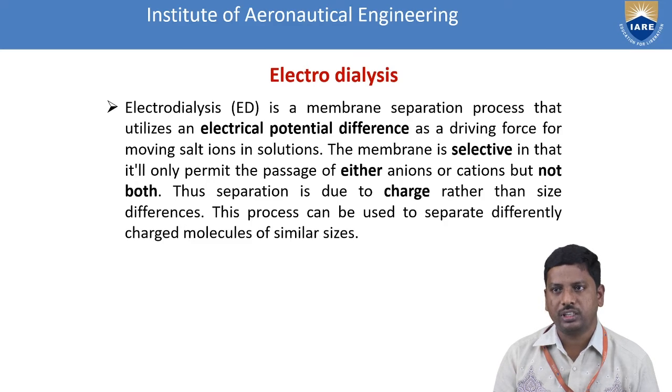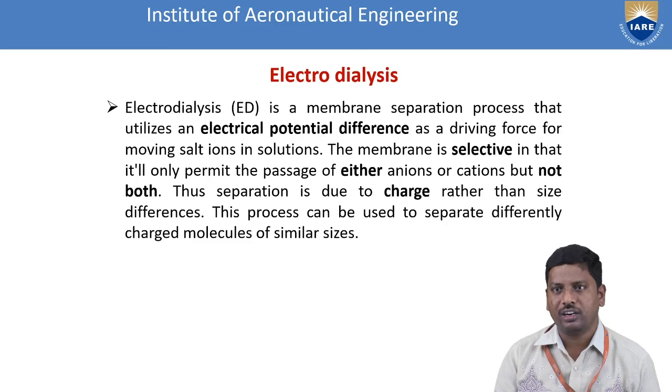The separation is due to the charge rather than the size differences. There are mainly two charges, positive charge and anion charge. The anion charge means negative charge. So the size will depend upon these positive and negative ions. This process can be used to separate differently charged molecules of similar sizes.